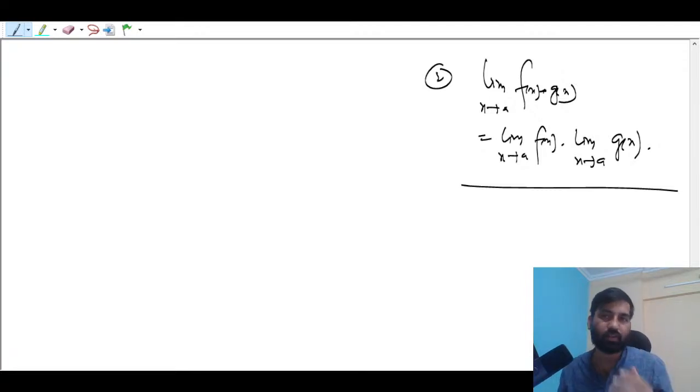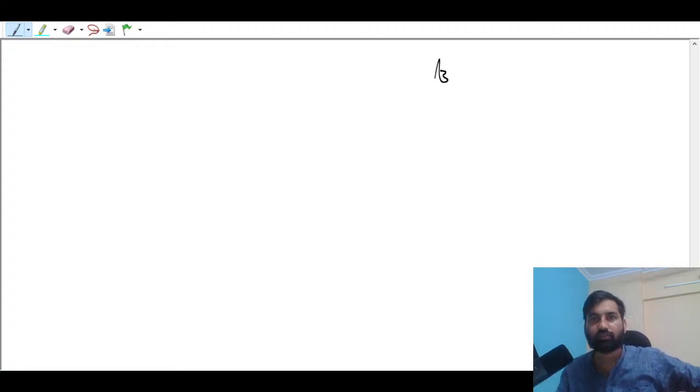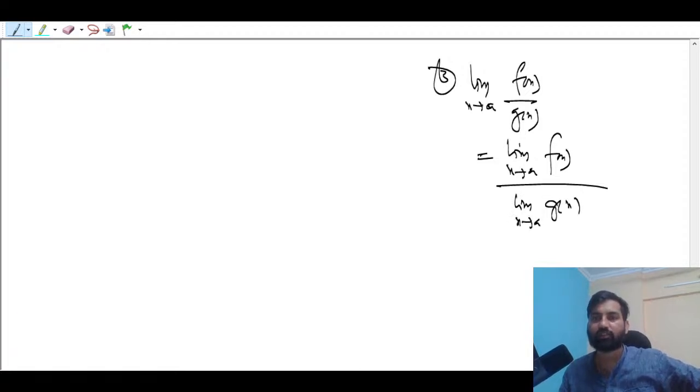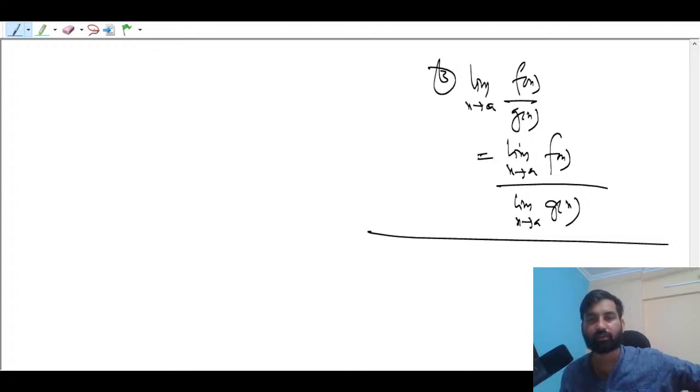In division, if limit x tending to a of f(x) upon g(x) is given, you can also write this as limit x tending to a of f(x) upon limit x tending to a of g(x). These are some important facts that you can remember.